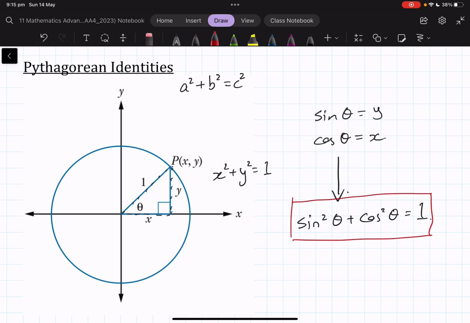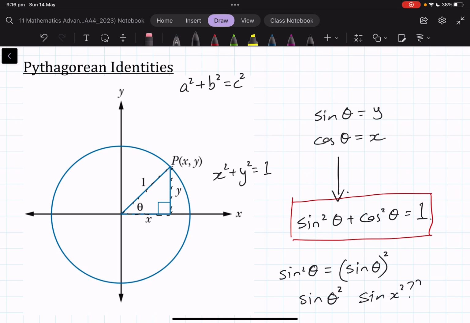Now, a couple of points I'll say. When I have sine squared theta, what I'm squaring is not the sine. It doesn't make sense to square the sine. This is the convention, to avoid having to use brackets, for sine theta all squared. Because if I wrote it like this, is it theta squared or sine of x squared?